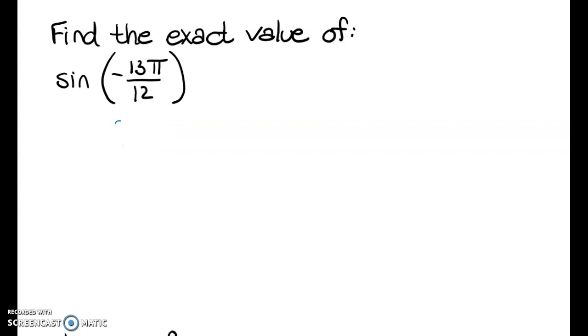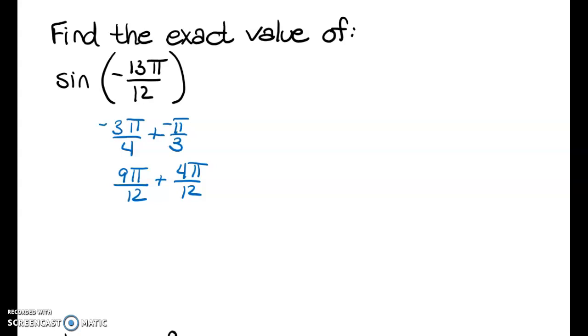Let's see if that one works. 3 pi over 4, if I change that to something over 12, that's 9 pi over 12. I would have to add a 4 pi over 12 to that, which we do have, because that is a pi over 3. Okay, so I found two angles that would add to a positive 13 pi over 12.